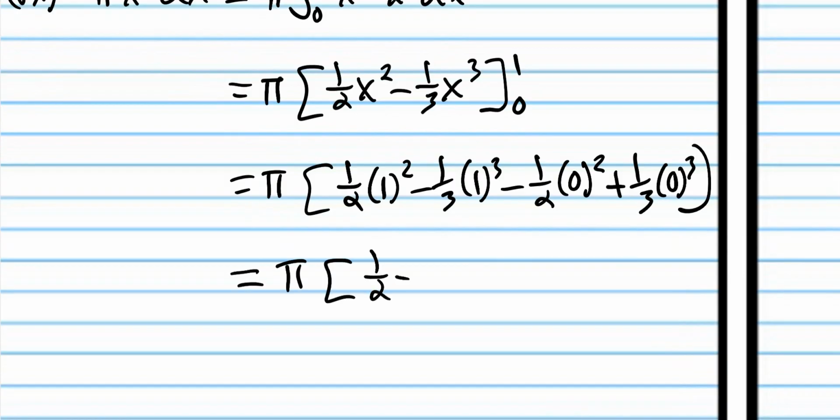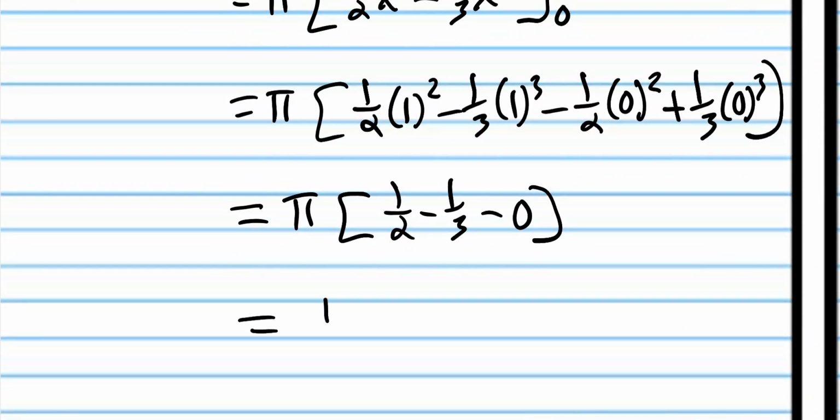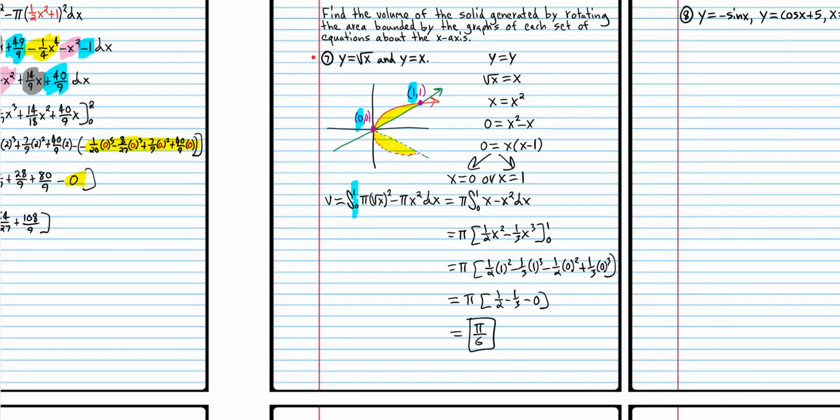So we have 1/2 minus 1/3 minus 0. Doing all the math with that, we end up with pi over 6. So there's another example where we used the washer method.